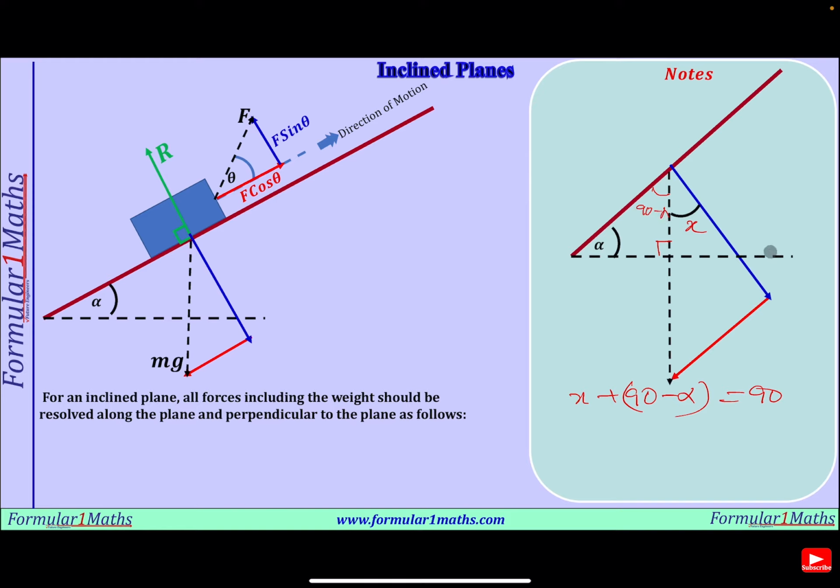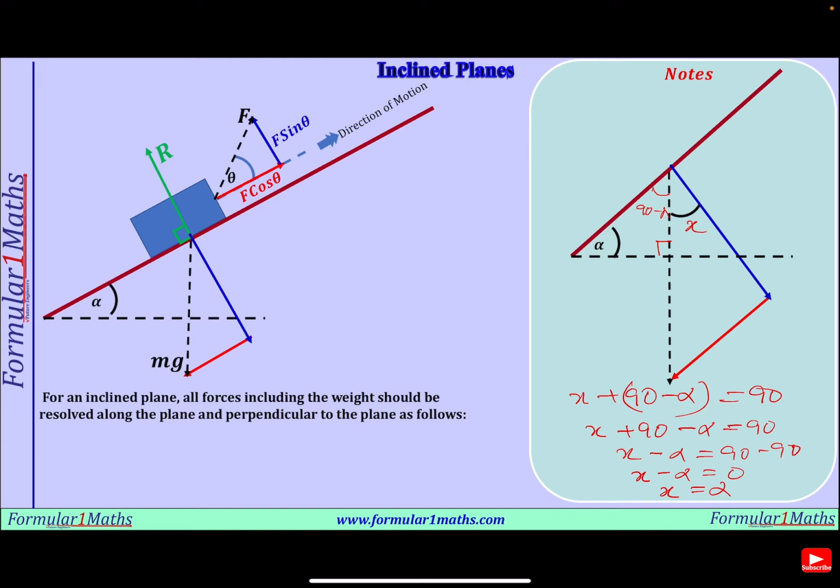So let's evaluate x. If I remove the bracket, I'll get x plus 90 minus alpha equals 90. That means x minus alpha is equal to 90 minus 90, so x minus alpha is equal to 0, and x equals alpha.